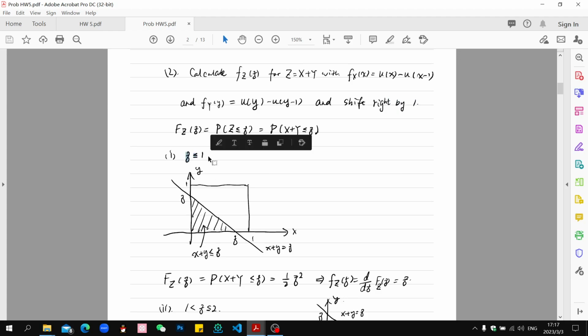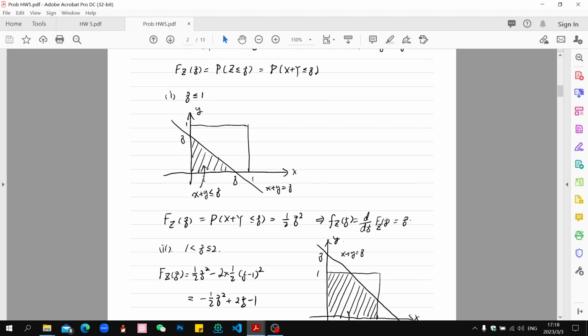That's the new function we're calculating. For z smaller or equal to 1, we can find that this is the straight line x plus y equals z, that is y equals minus x plus z. So we have to find x plus y smaller than z.